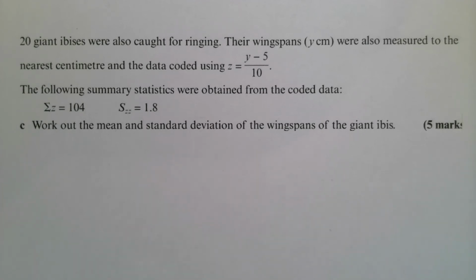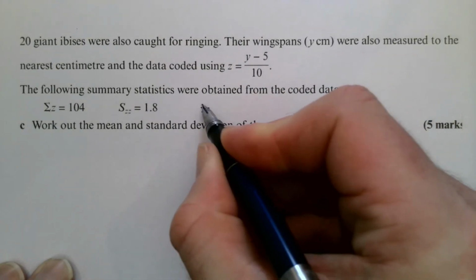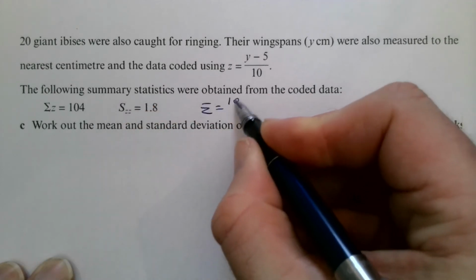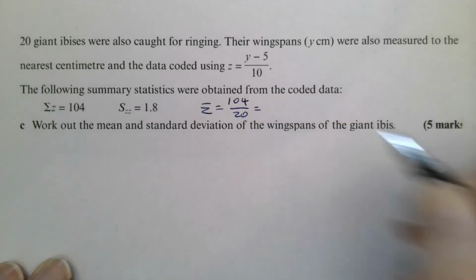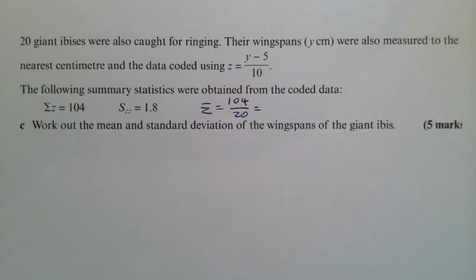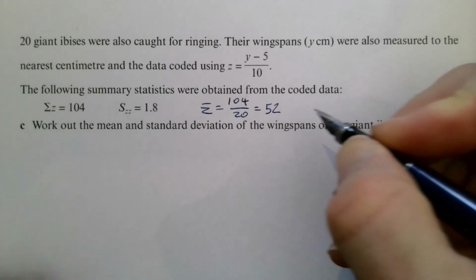So it's been coded, and we've got this detail. We need to know the mean and standard deviation of the actual wing speeds. Before we do that, we just need to work out the mean and standard deviation of the coded data. So the mean of Z is going to be 104, because that's all of it, divided by the 20 that are there, which gives us 52.